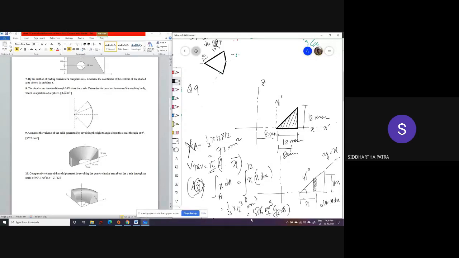Some of you already know that x bar is two-thirds away from the vertex, which is fine. For a simple geometry such as a triangle, you probably should be allowed to use the expression. It is fine, but keep that in mind. That is the expression of the centroid of the area.